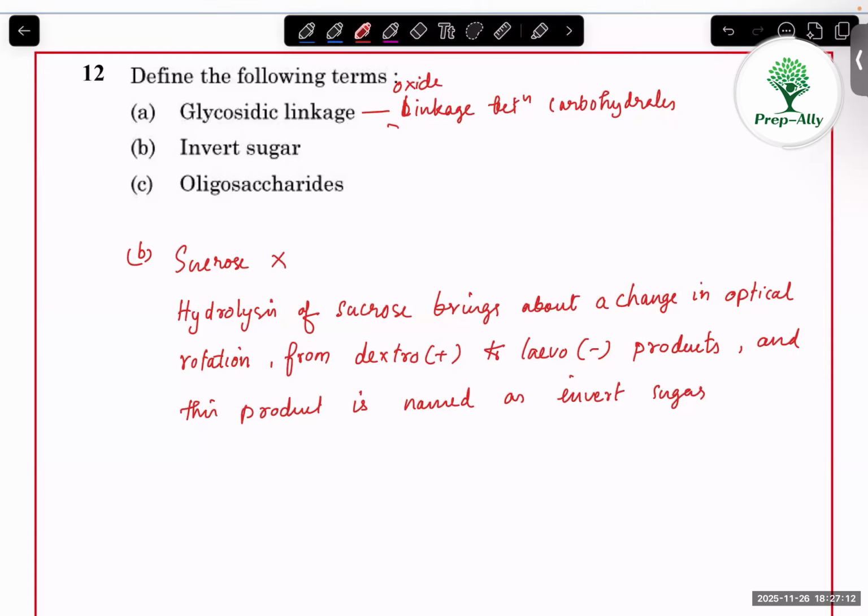The answer will be sucrose. Why is it called invert sugar? Because its optical rotation changes from dextro to levo, or plus to minus. The key terms here are hydrolysis of sucrose and change in optical rotation from dextro to levo. Then you will be getting the marks. Other things, if you are not writing, you will still get the marks.